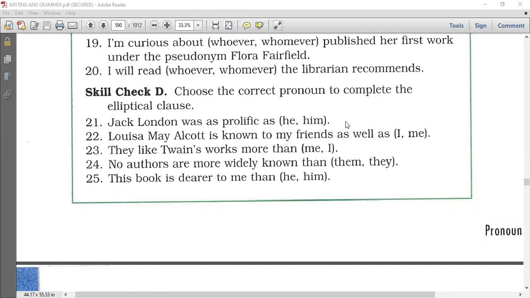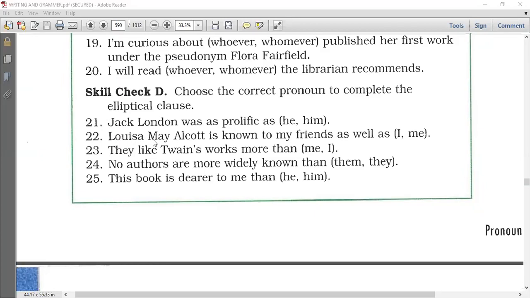Okay, I'll pick a name. Yasmin, can you do number 22? Me? As me? You said me, Yasmin? Yes, your answer is correct. Why?